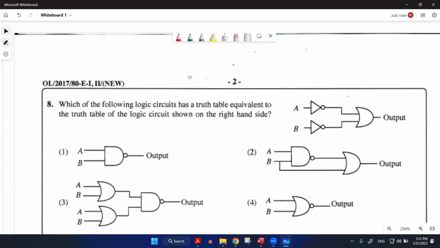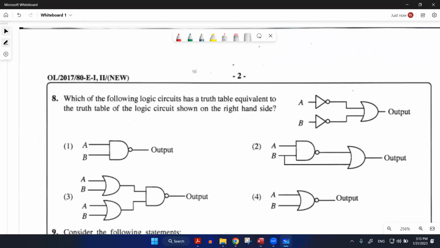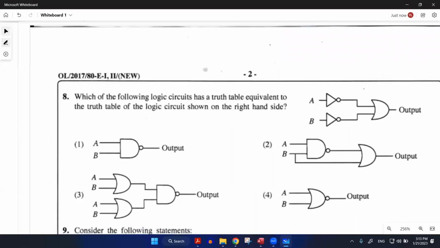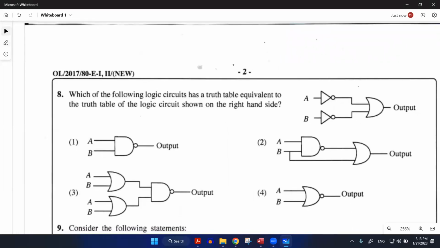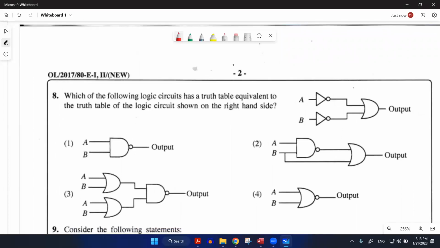First of all, we have to take the output of the main circuit, which means this. First you have to get the answer for this.